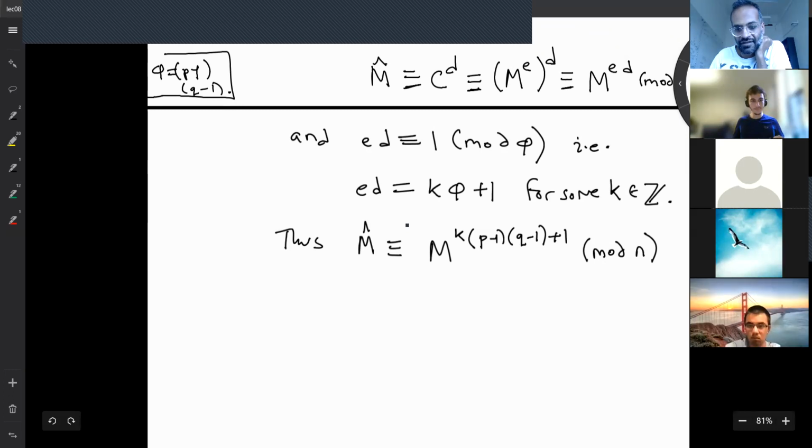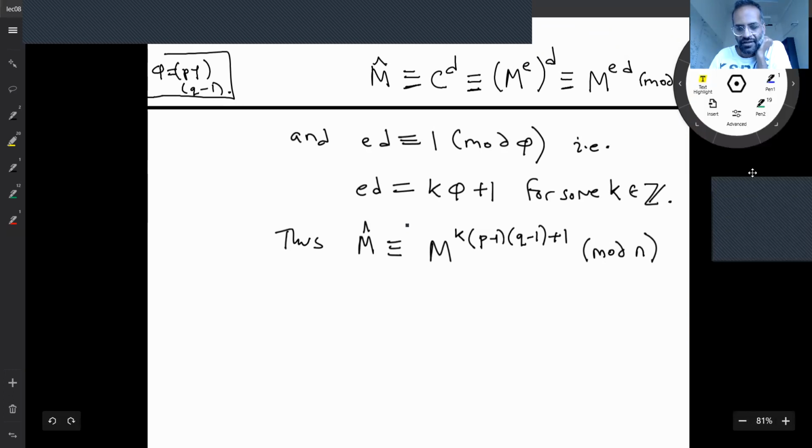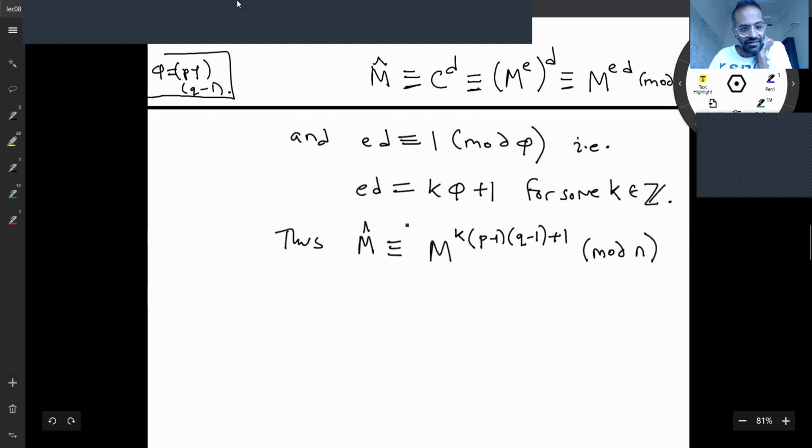Fermat's little theorem, right? It's something raised to the p minus 1. Now the only glitch is that we're not doing things modulo a prime. We're doing things modulo pq here.